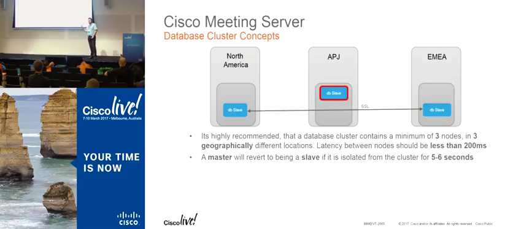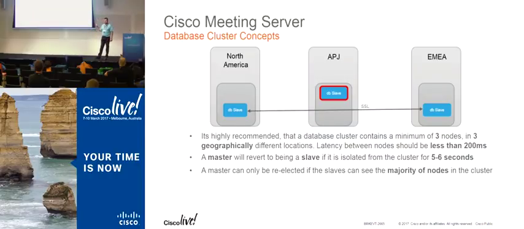A master will revert to a slave if it's been isolated from the cluster for 5 to 6 seconds. And a master can only be re-elected from the other slave nodes if it can see a majority. That's the key point. It needs to see the majority of the other nodes in a cluster.